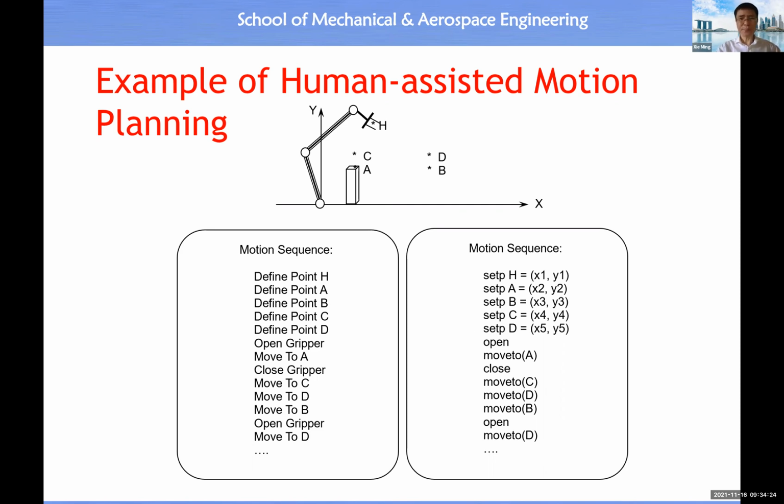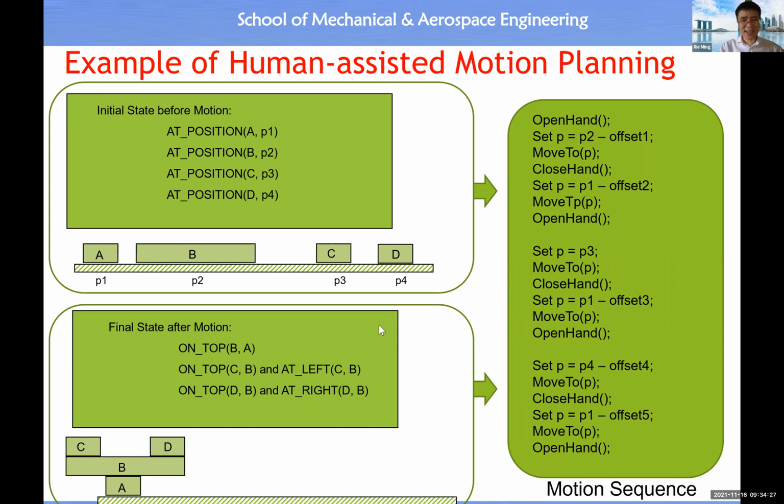All right, and here's another example. This shows you the assembly task. The human operator will tell the robot what is the initial state before the assembly, and what is the final state after the assembly.